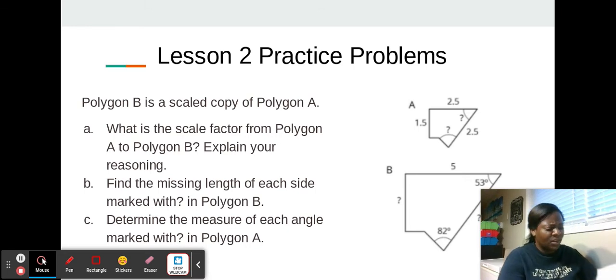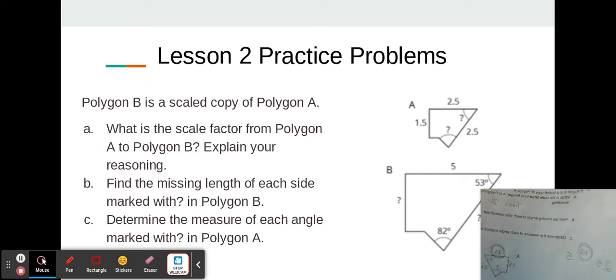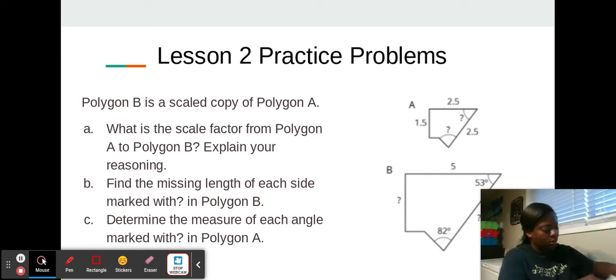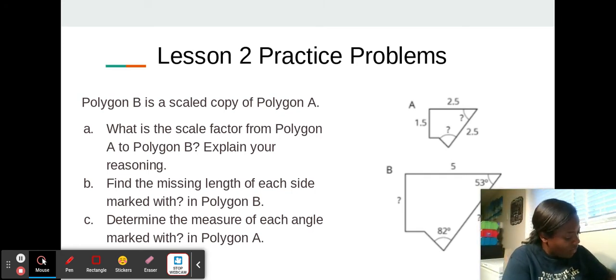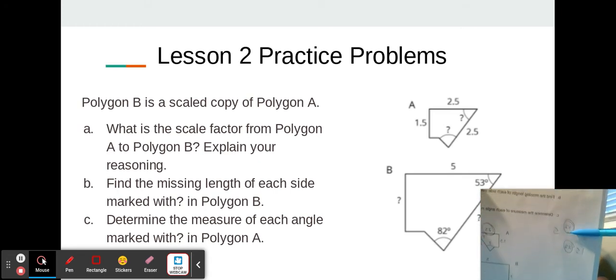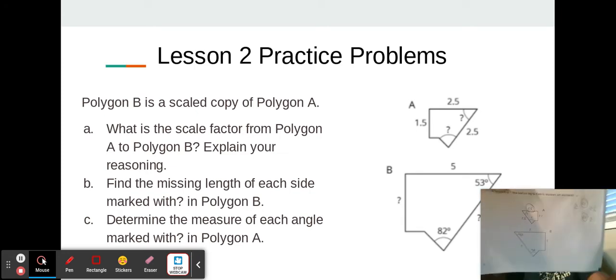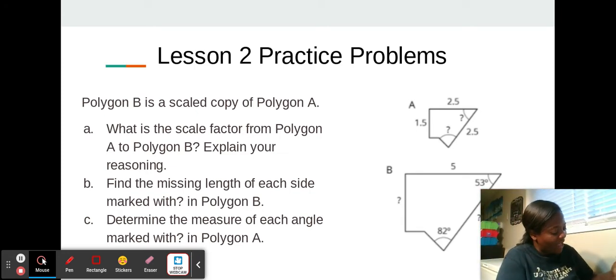Okay, we can do that. In this first one, A, it had this 1.5 over here. We already just said our scale factor was 2, and we know as a scale factor, we have to multiply to get from this side to this one. So 1.5 times 2 is 3.